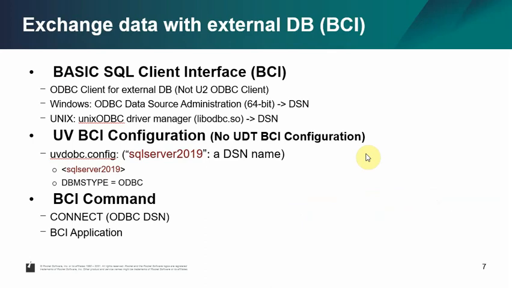On the UniVerse side, if you're using BCI, you need to set up an additional setting in the uvodbc.config file, dbmstyle equal ODBC. After you set it up, you can use the connect command to verify your setting. You can also use the BCI application to do the insert, update, delete, whatever you like, to extract or update the external database.